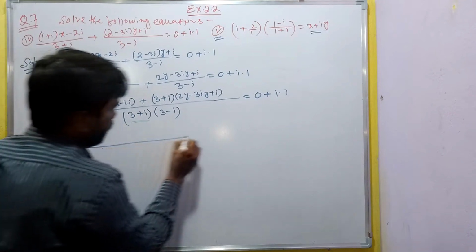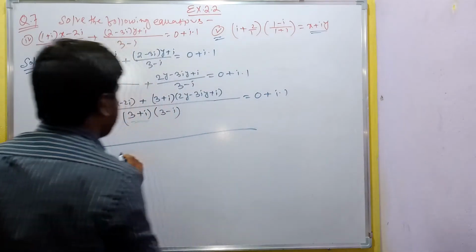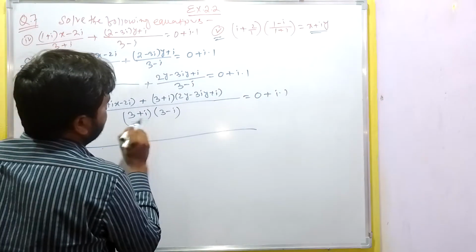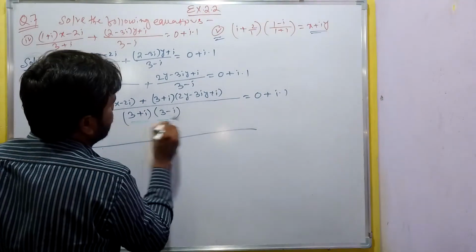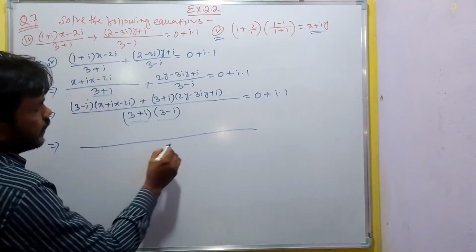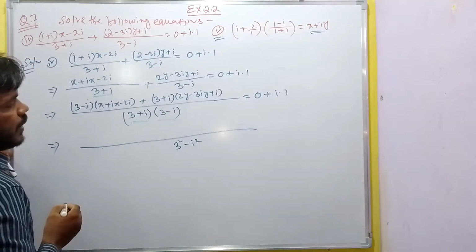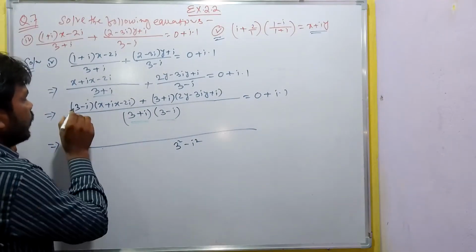Now you have to write the denominator. You can see a + b into a − b, then you can write a² − b², that means 3² − i². Okay, now multiply this out.